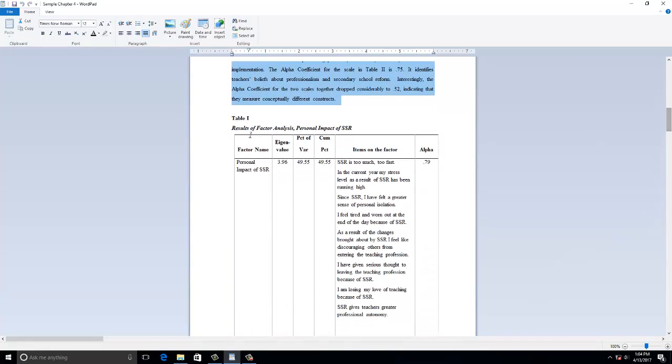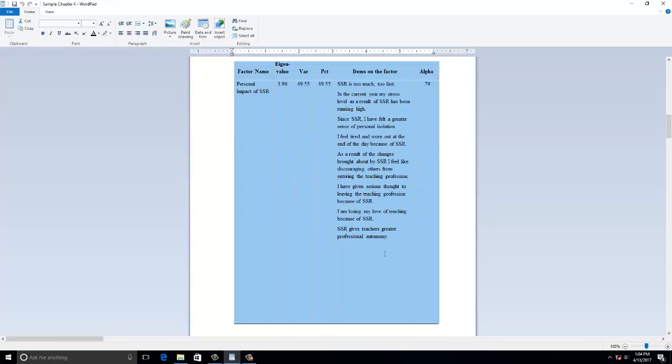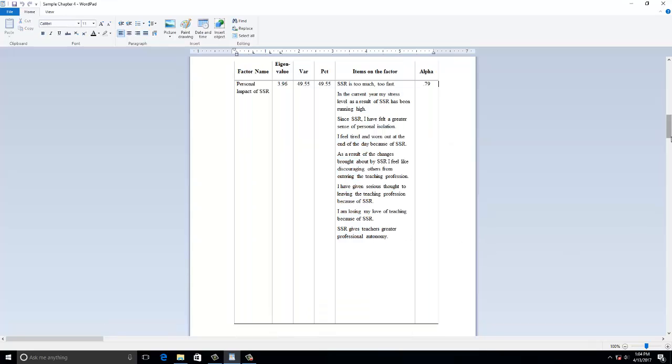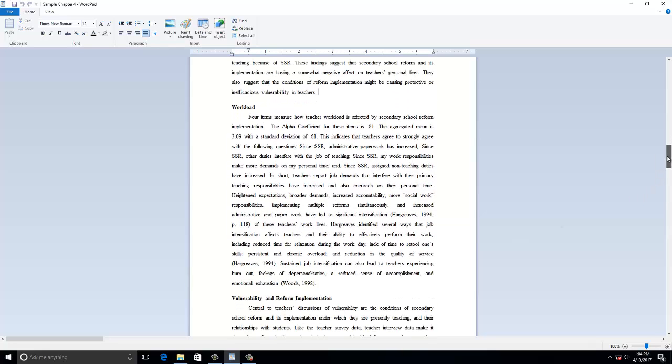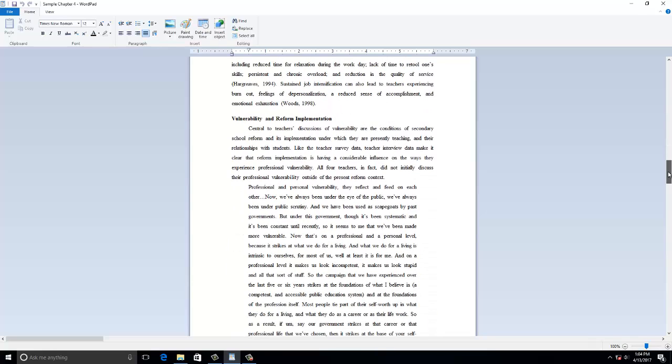You present the data in your table or in a figure, and then you interpret it for the reader. That's the structure you want to follow with every piece of data you present, whether it's qualitative or quantitative.